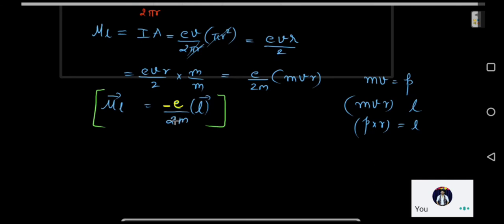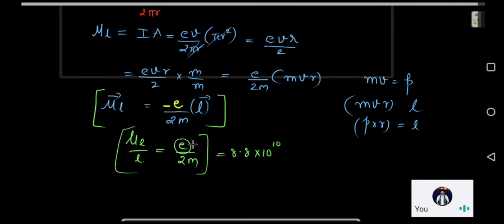Now if I take this mu L upon L, if I take this L down, mu L upon L is equal to e upon 2m in the scalar form. The value of this will come as 8.8 into 10 raised to 10. e is constant, m, that is the mass of the electron, is also constant, so just substitute these values and we will get 8.8 into 10 raised to 10 coulomb per kg, because it is charge upon mass.